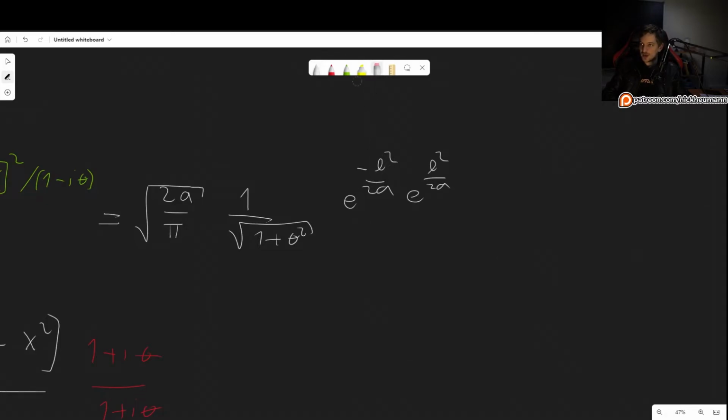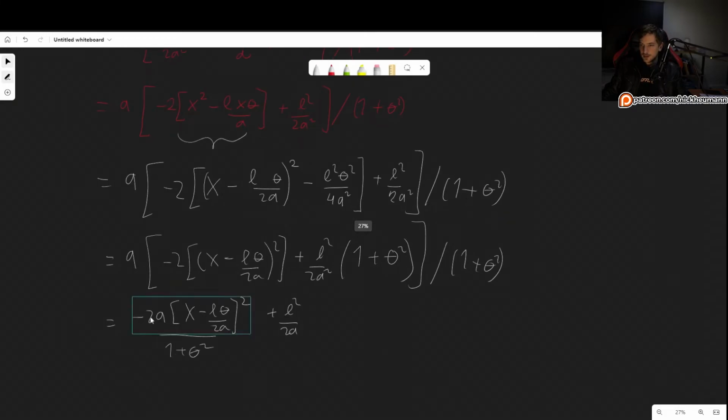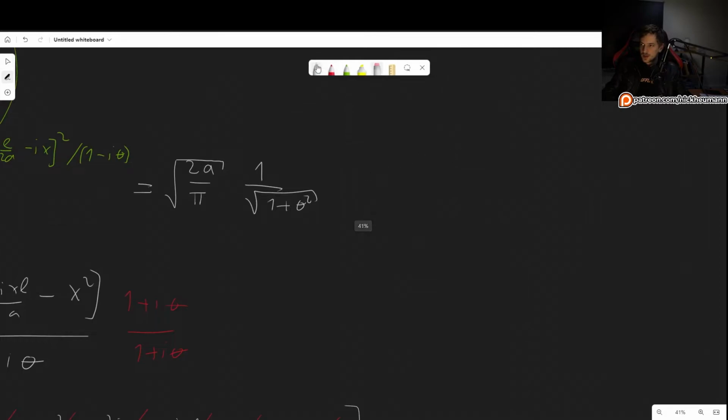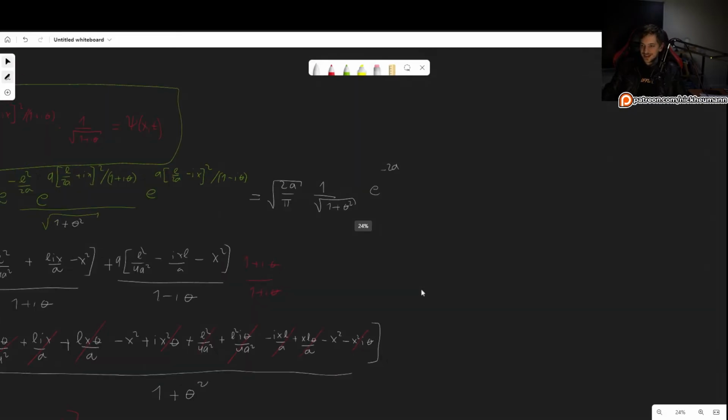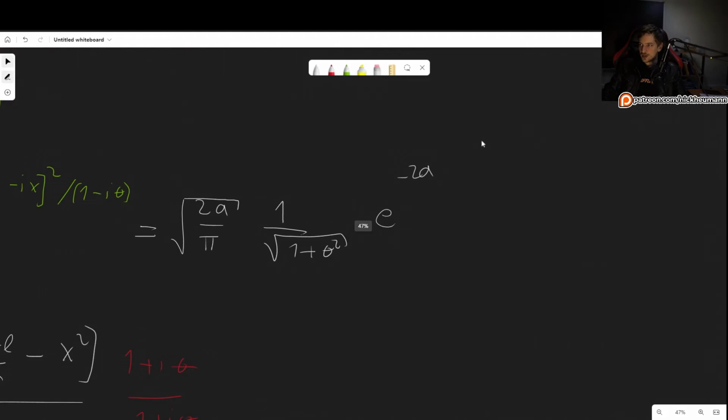So these two cancel out. And then the rest is minus 2a times that thing. So e to the minus 2a, and I don't remember what it was, x minus L theta over 2a, squared, divided by 1 plus theta squared.